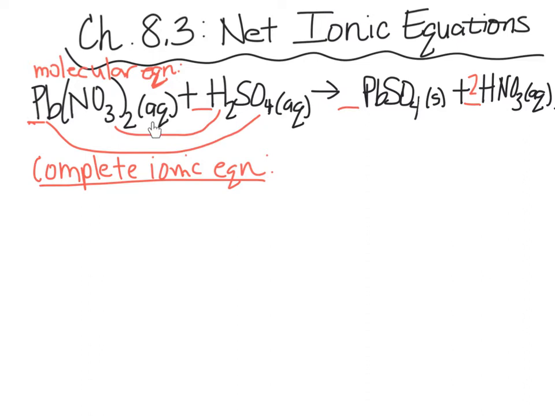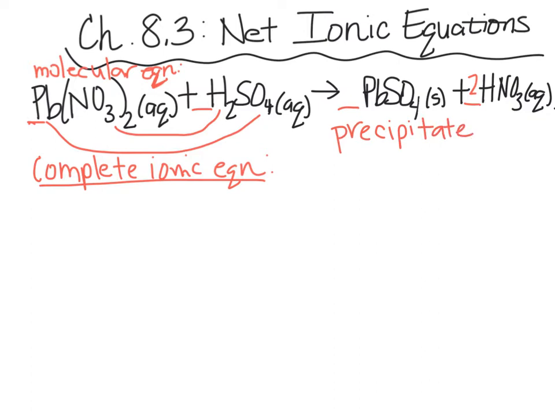And so what does AQ mean again? AQ means aqueous. It is dissolved in water. So this is dissolved in water. This is dissolved in water. This is your solid, all right? S stands for solid. And this is what we call a precipitate, okay? Precipitate. So let's write that down.